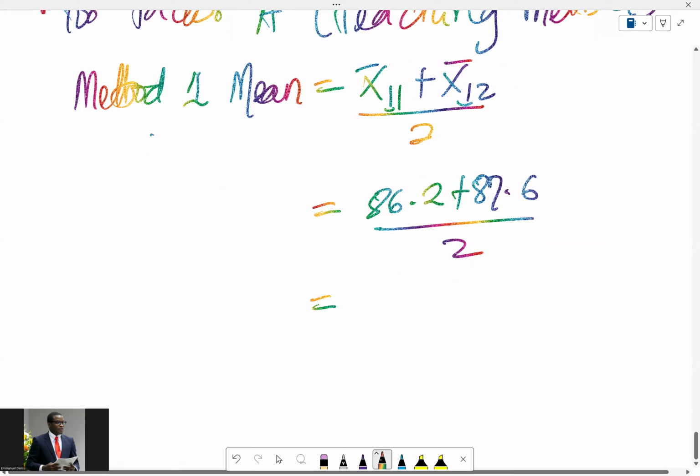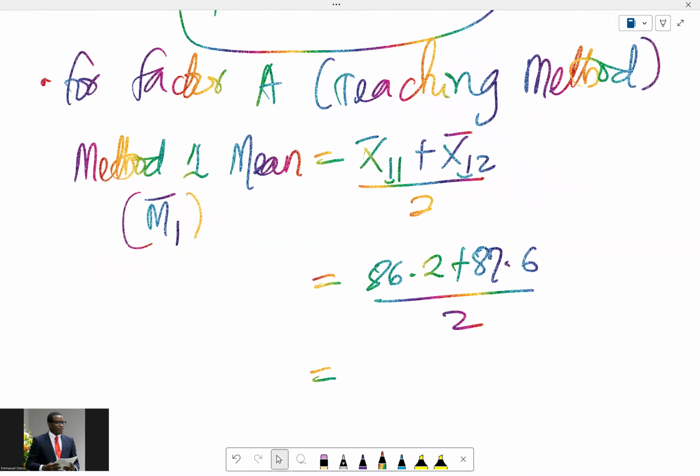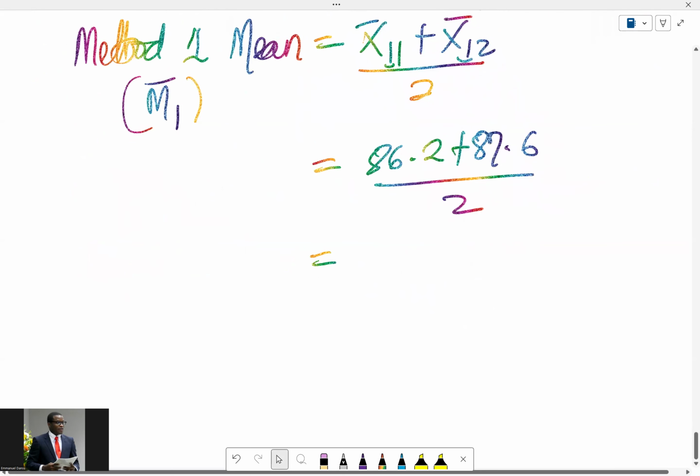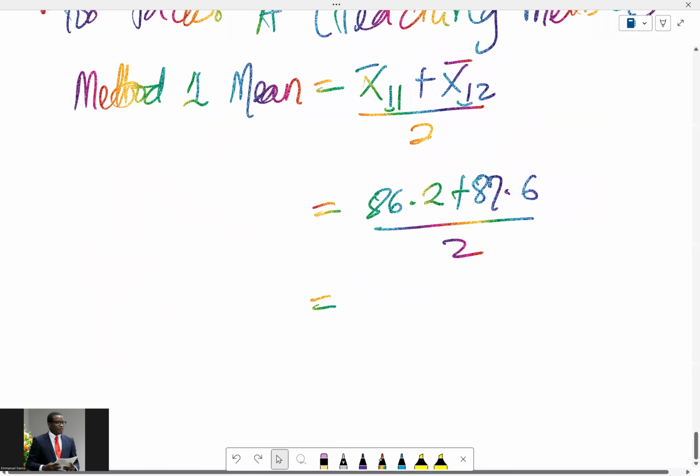If you like, let me call that M1 bar to make things easy. Or better still, I don't want to confuse things. I can call it X1 bar, because it's the first factor.